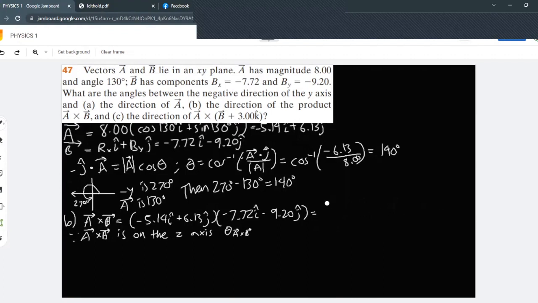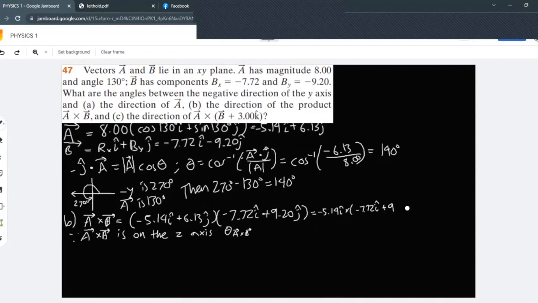So, negative 5.14 I hat cross negative 7.72 I hat, and then plus negative 9.14 I hat.